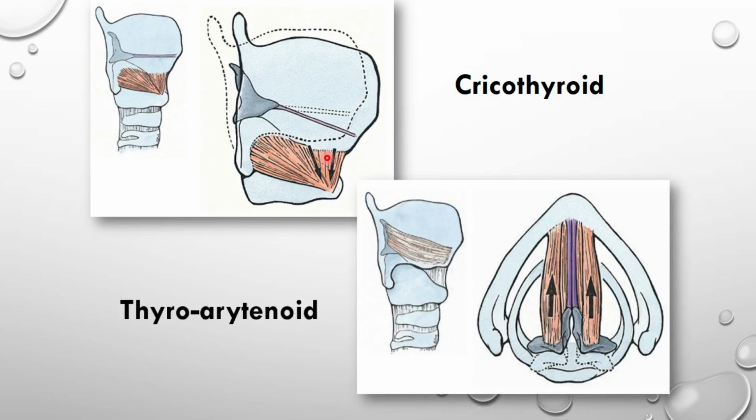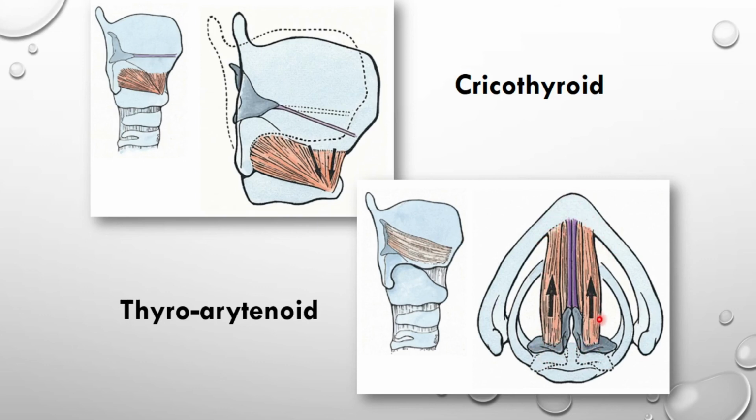The next muscle I'm going to mention is the thyroarytenoid muscle. So attaching from the internal aspect of your thyroid cartilage, running back to the arytenoid cartilages posteriorly.